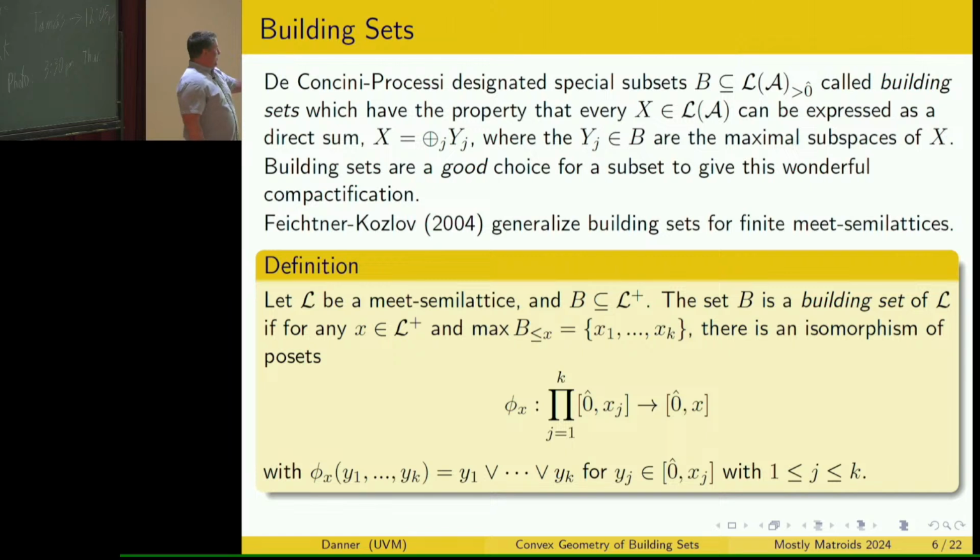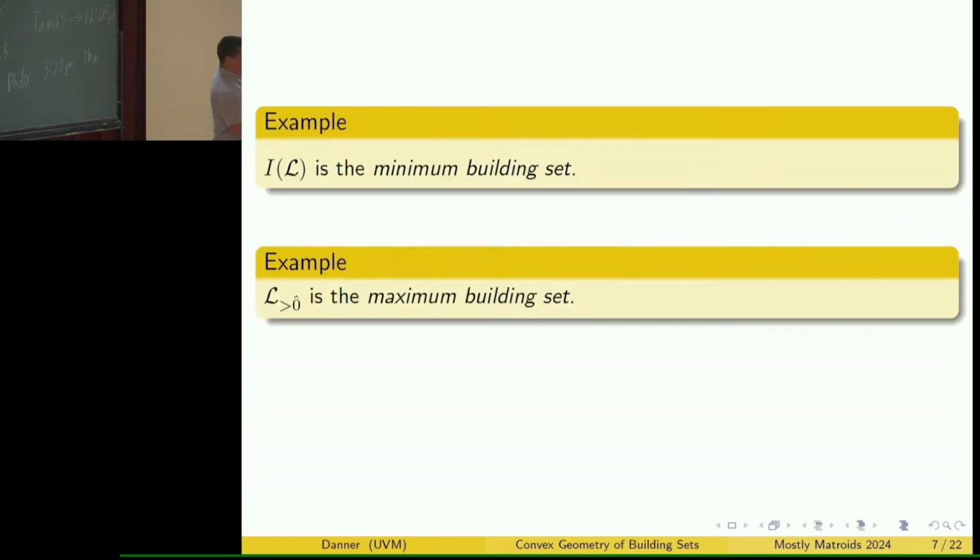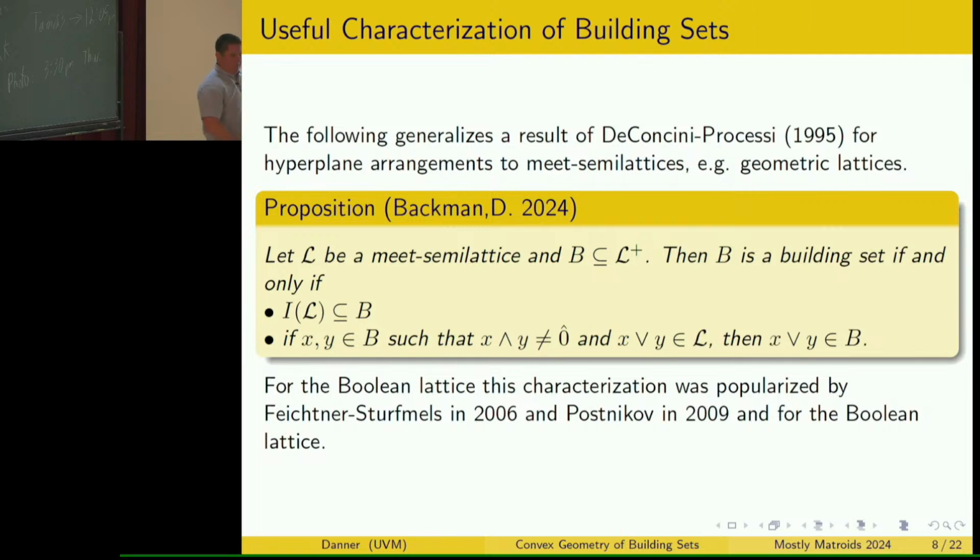A lot of their proofs about building sets are a cumbersome mess. I went through that proof by picture, but with this characterization, it's really easy. Like, do they have a non-trivial meet? Oh, they do. Then their join better be in there. That's it. So it's kind of fun, as opposed to this crazy product definition, where you have to think about stuff like that. Thank you.